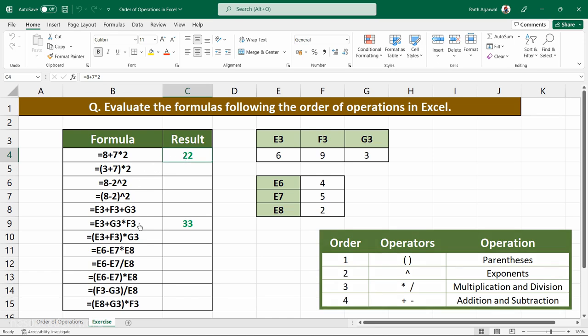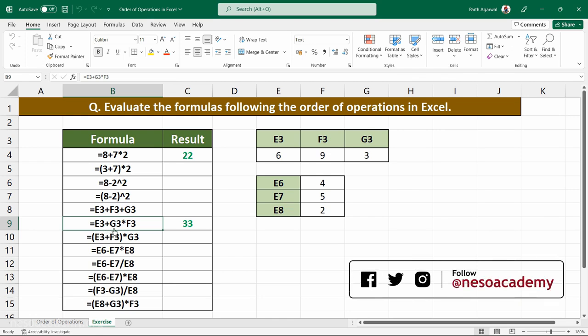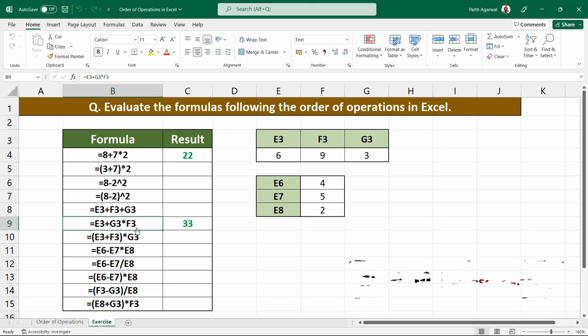Now let's have a look at the cell B9. In this formula, we have E3 plus G3 multiplied by F3. Now what are these E3, G3 and F3? Let me tell you. These are all variables. And you can find the values of these variables right here in these tables.